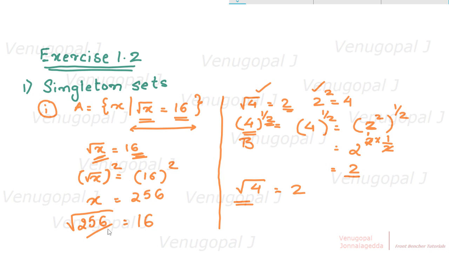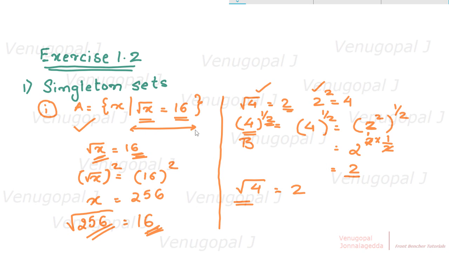So there is only a single number for which the square root is 16. So I can say that this particular set is a singleton set. If I take any other value, I will not get 16 as the square root.